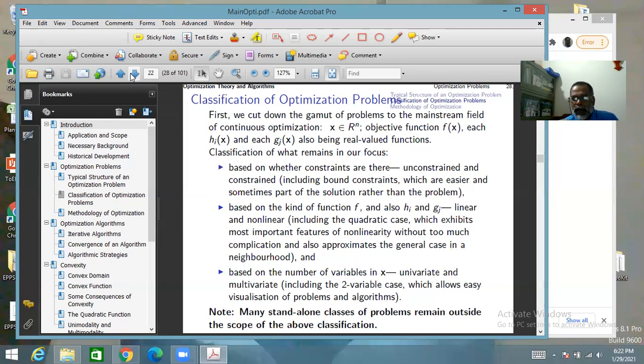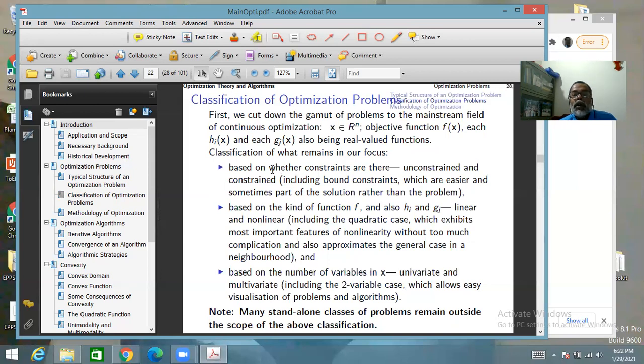The objective function f and each of the constraint functions h1, h2, g1, g2, etc. are also real valued functions. So this is the mainstream field of nonlinear optimization or continuous optimization. In general, within that, let us see what different kinds we find.